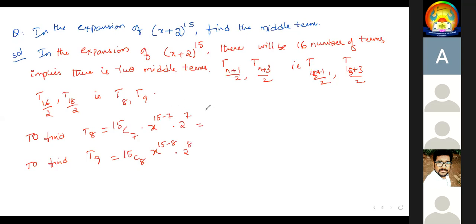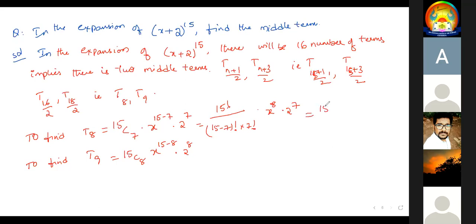Now simplifying 15C7: it is 15 factorial by 15 minus 7 factorial into 7 factorial, into x power 8 into 2 power 7. That is equal to 15 factorial by 8 factorial into 7 factorial into x power 8 into 2 power 7.